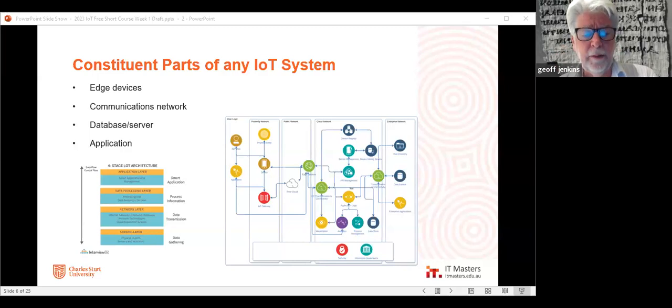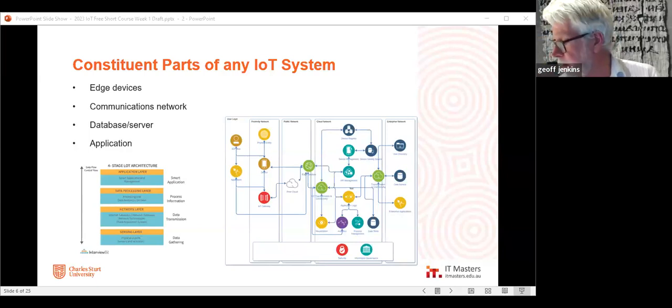So actually, that diagram on the left is rather like the diagram on the right, except sort of put on its side. And it's a little hard to see because the writing's small, but what you've got in those vertical layers, vertical towers, actually vertical silos, they almost are, is 4 networks. So you've got over on the left the proximity network, so that's your data gathering, it's that lowest level, the devices themselves.